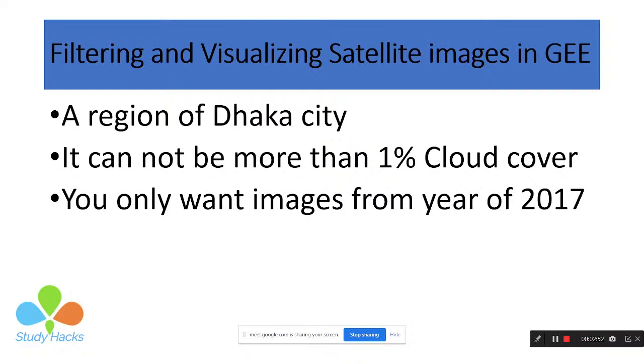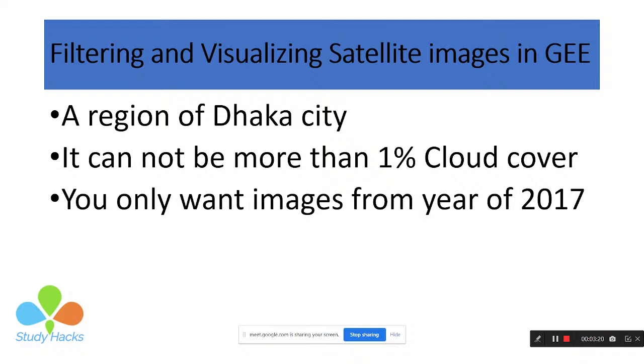So basically, when you want to filter any satellite images, whether Landsat or Sentinel, we should always consider the three factors. The first factor is your region of interest. The second factor is that you filter by specific image properties. It can be cloud cover, it can be shadow or other things. There are a lot of image properties.